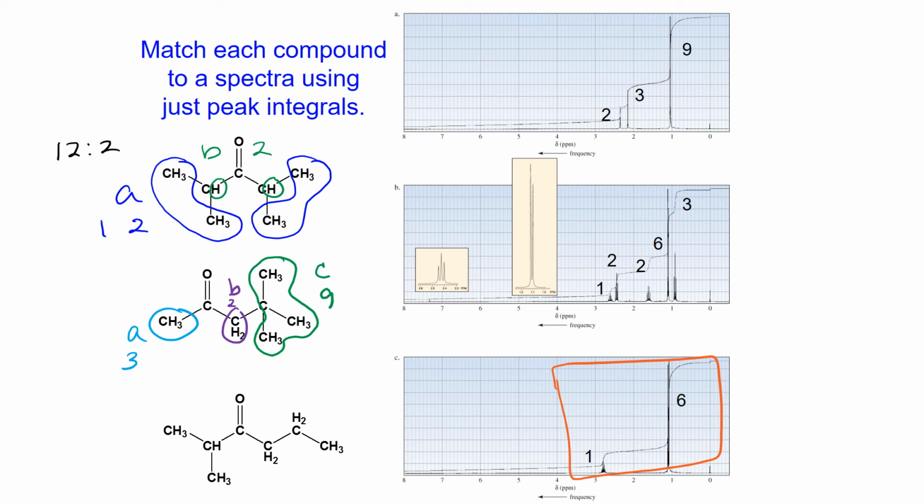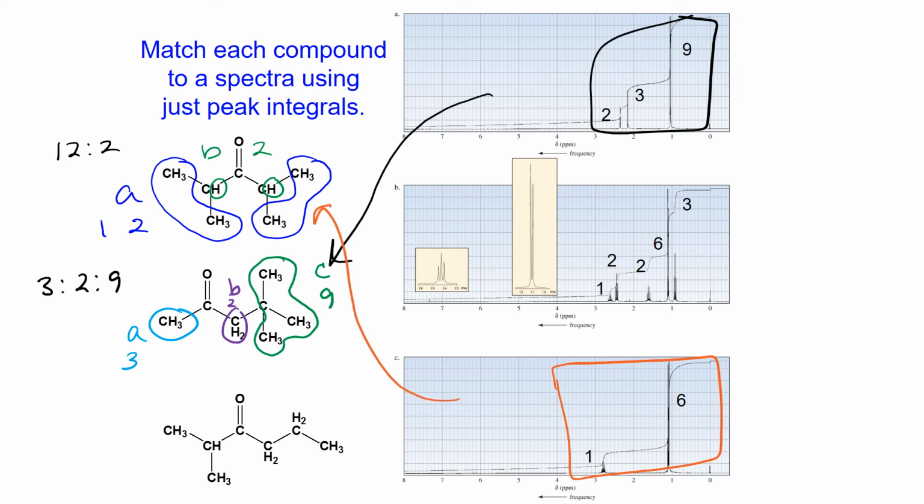So I would expect a 3 to 2 to 9 ratio, and I see that up here at the top. And so that spectrum goes with this structure. And this one goes with that structure. So by process of elimination, you can figure out that this spectrum must go down here, but let's go ahead and look at it to make sure everything makes sense.